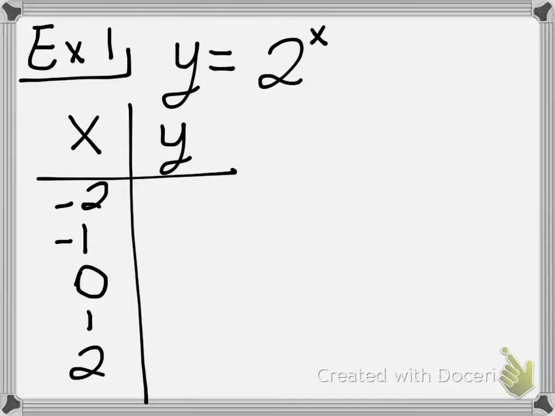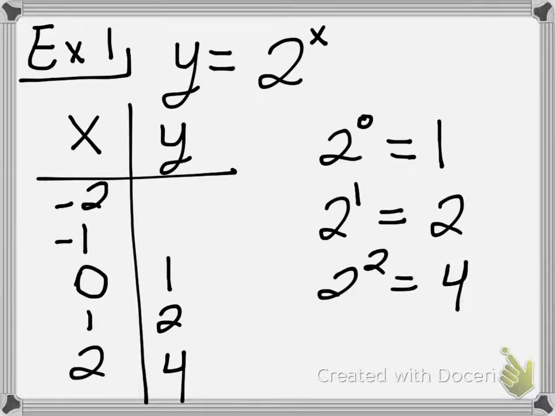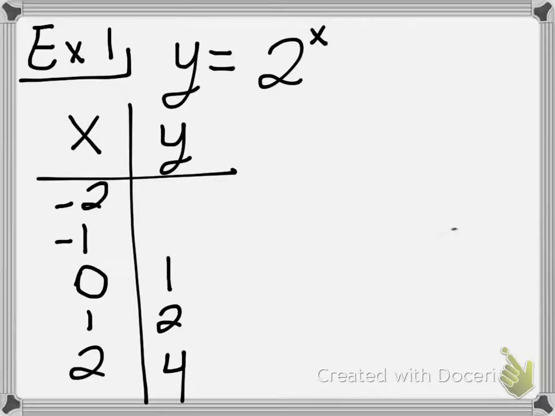If I substitute 0, 2 to the 0 power, anything to the 0 power is always 1. So we get that number right there. 2 to the first power is 2, nice and easy, and 2 squared is 4. So we've got those numbers pretty quick.